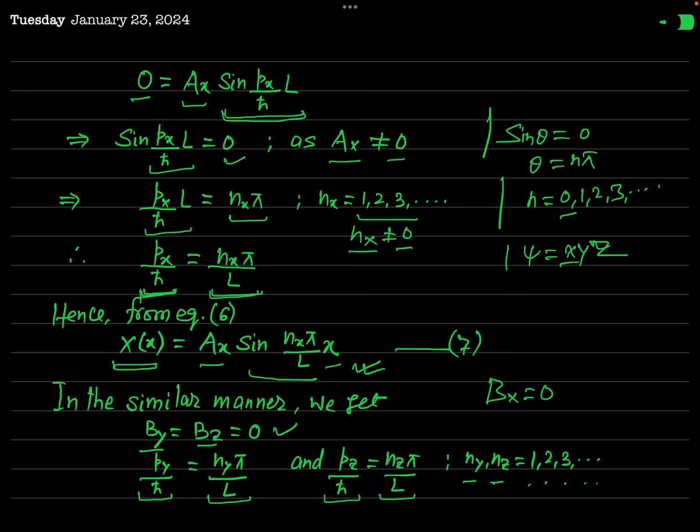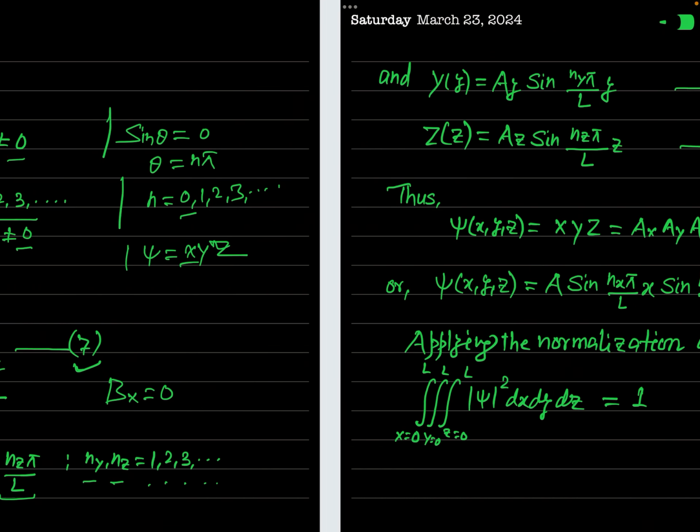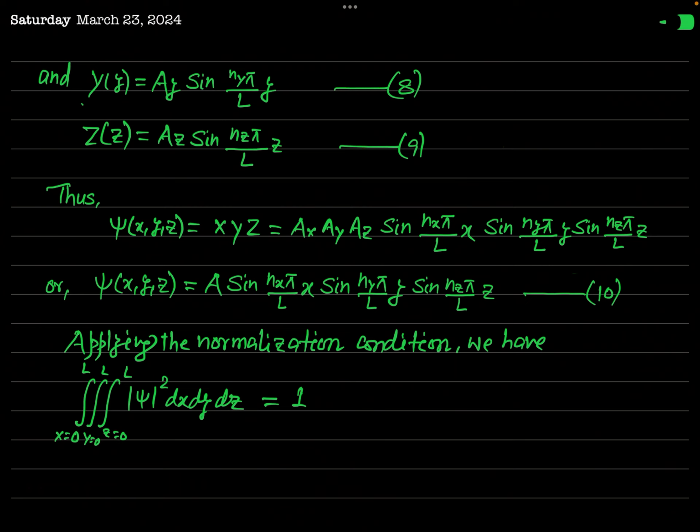And the solutions of those two equations can be directly written on the basis of equation number 7. Only capital X will be replaced by Y and Z, the subscript x will be replaced by y and z, and small x will also be replaced by y and z. So you can write that the solutions are Y(y) equal to Ay times sine(ny pi y over Ly), and Z(z) equal to Az times sine(nz pi z over L).